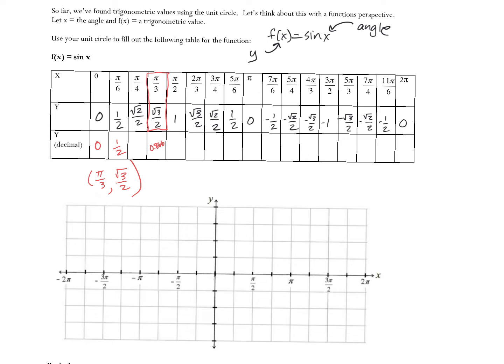Okay? What's square root 2/2? And then we have 1, and then the 0.866, and the 0.707, and we have 1/2, and we have 0. Okay. And that's all we're going to do with those for now.